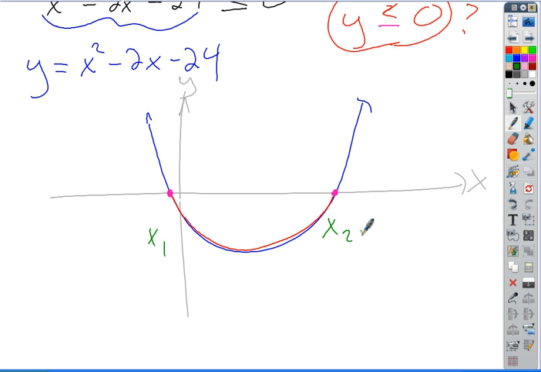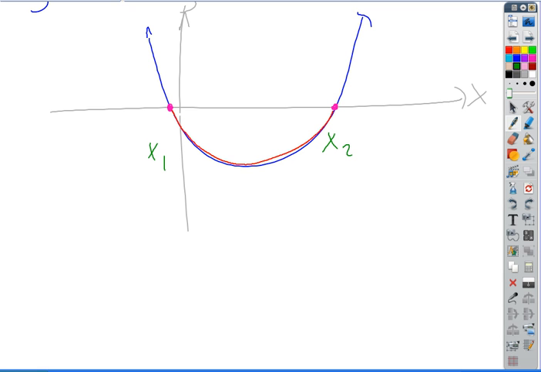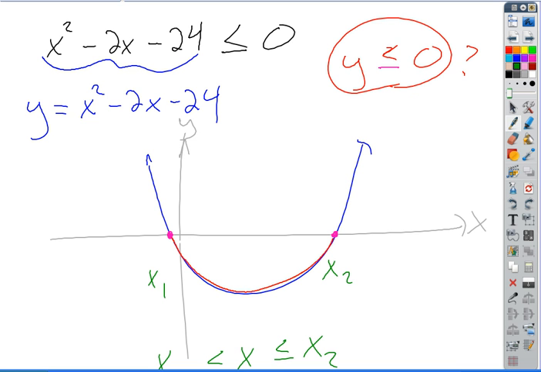If I call them that, then I'm looking for the x values that are pinched in between x1 and x2, right? That's my answer, isn't it? Those would be the x values that would make this expression negative or 0. Okay? So all I've got to do is solve that.